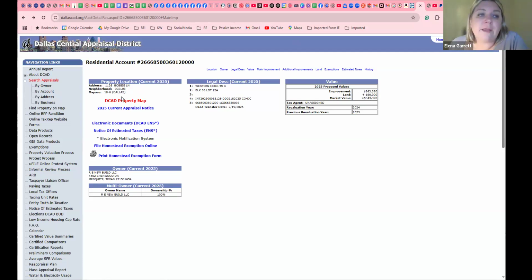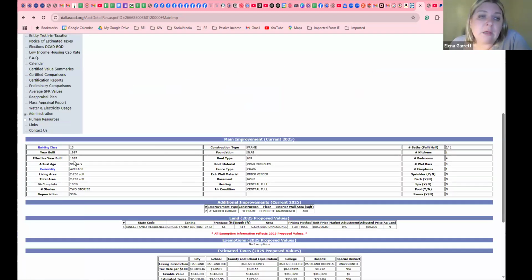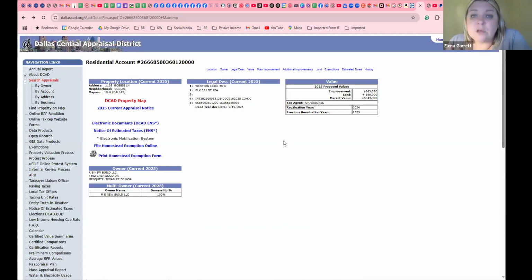Now, the process of finding these properties, I will be honest, the easiest way for you would be to contact me and ask me to look up about 10 comps in your area that are similar to yours in age, plus or minus 5 years, in square footage, plus or minus 100 or 200 square feet, similar type of 1-story or 2-story, and at the very least somewhat similar in construction or foundation. If 2-3 of these items match, they should be good comps for you.